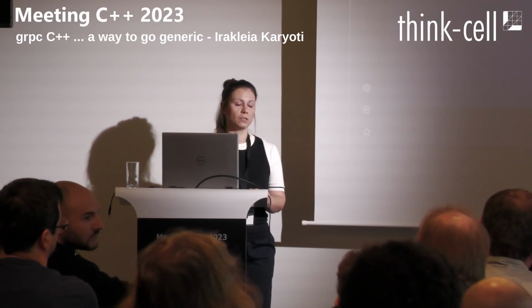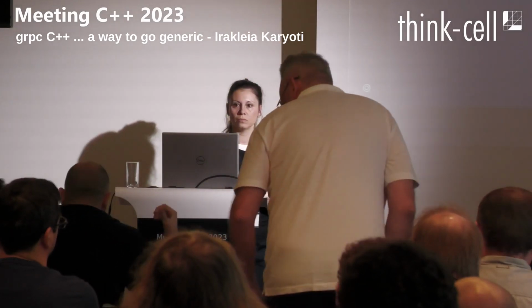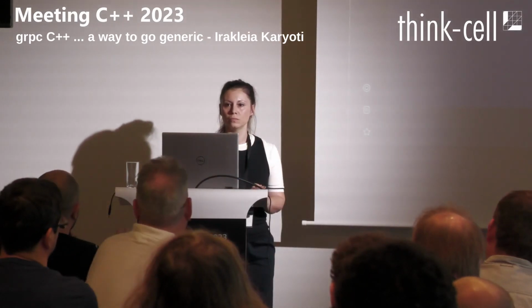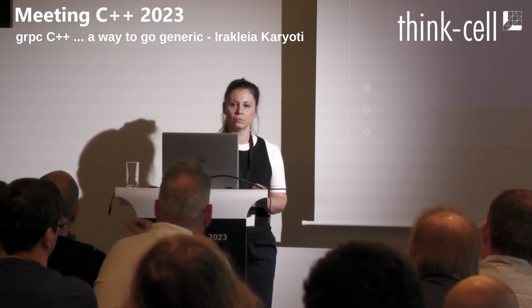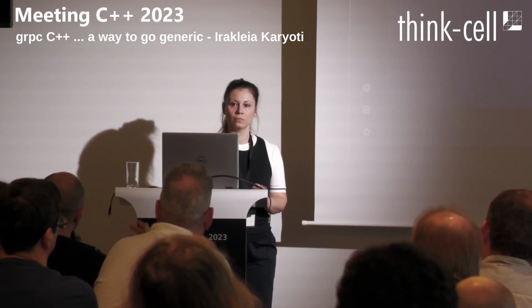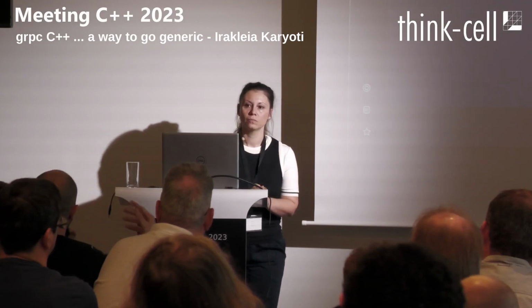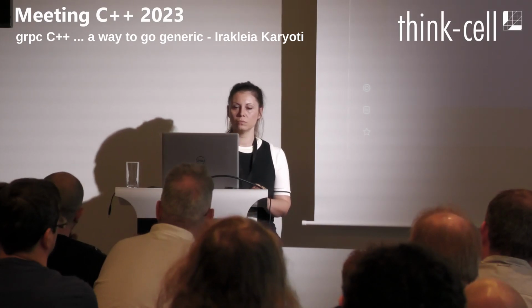Standard streams. Yes. On the same page as the other questions, one of the advantages of gRPC is that you can't violate the API, you can't violate the contract. So now you have this stream of raw bytes.